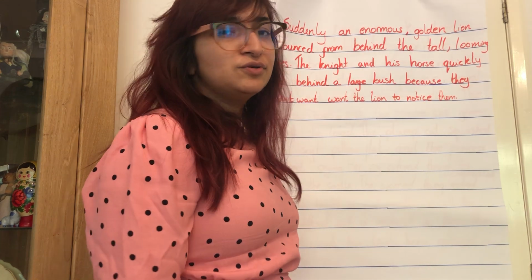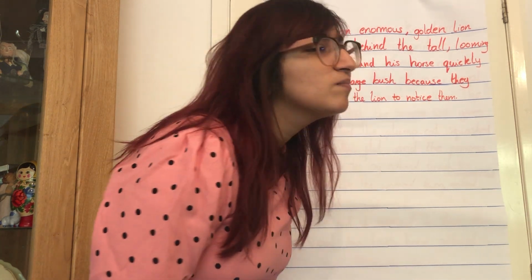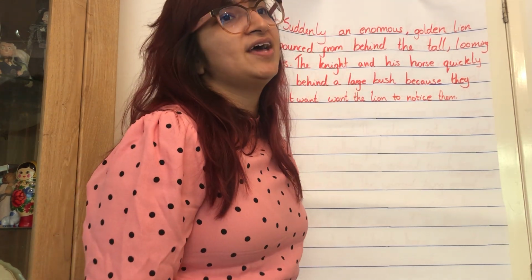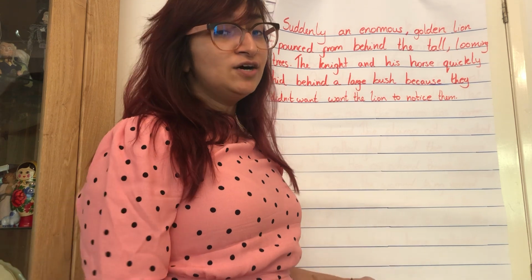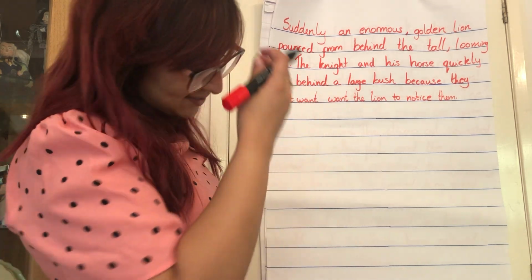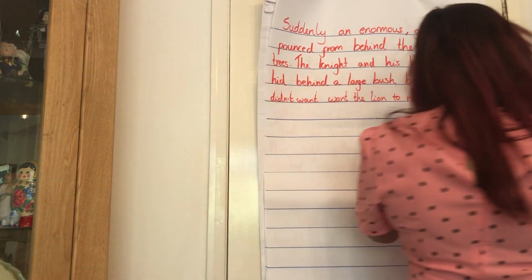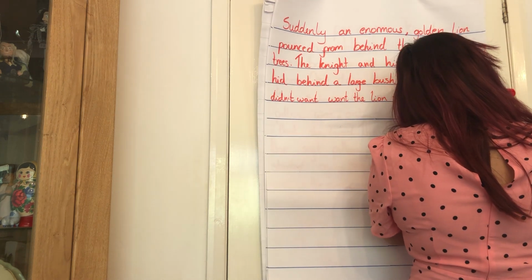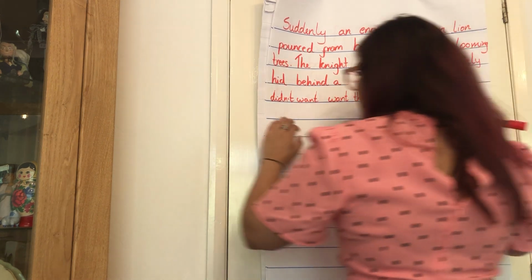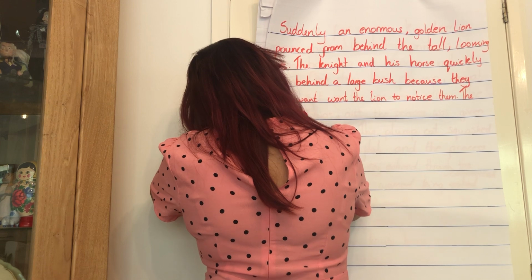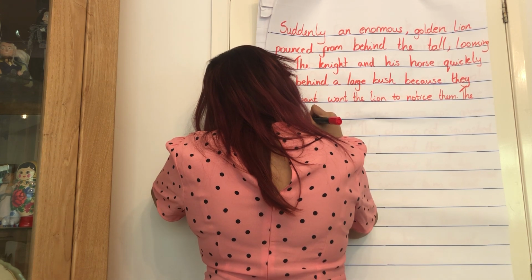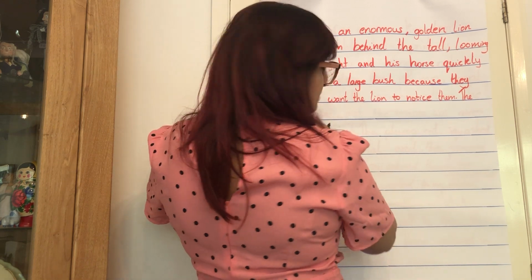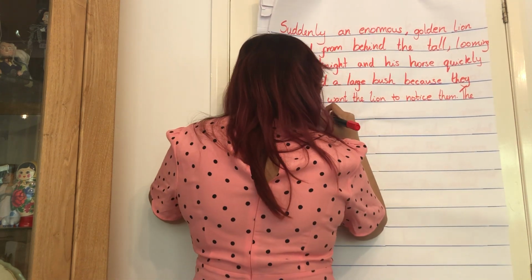Okay. What did the lion do? The big cat, or the lion, he sniffed around for them and then shook his big mane, and what happened? Fur went everywhere. So, the lion sniffed, there's your verb, he's sniffing, sniffed around.